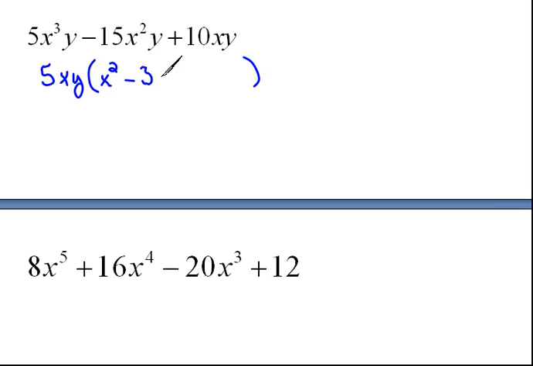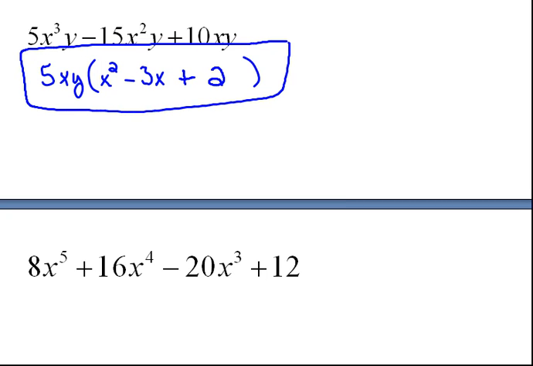To get the x squared, we'd have to multiply by x. And we've already got the y, so we don't need to do that. Now let's see, what do I have to multiply times 5xy to get 10xy positive? That would be a positive 2. So our reverse distribution, or our factor, the GCF, looks like that.